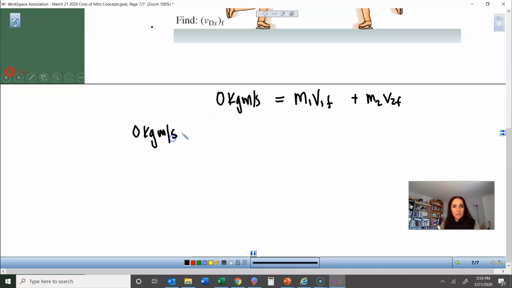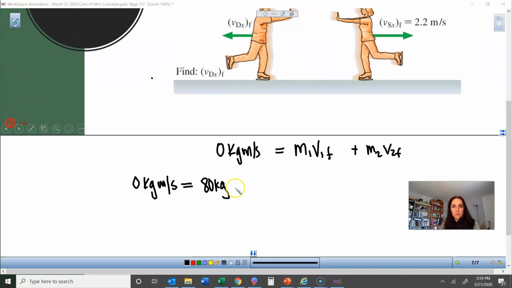Okay, so 0 meters per second is equal to mass of the first person, which was 80 kilograms, times its final velocity. Now, that's the one we're solving for, so I don't know the first one.